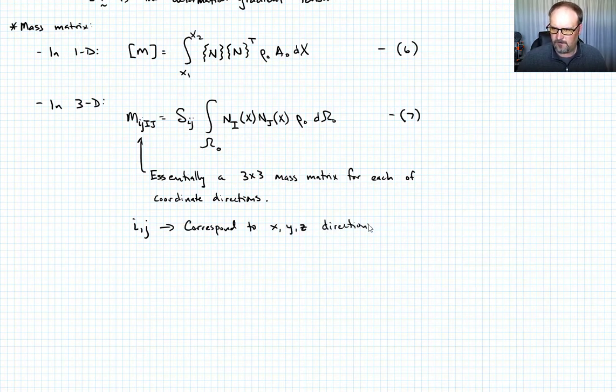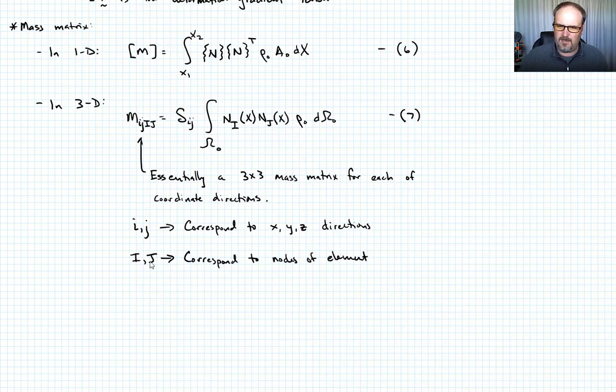And capital I, capital J, correspond to the nodes of the element. So I and J have a different number of components than little i, little j, which just go from 1 to 3. In an 8-node brick, capital I and capital J will go from 1 to 8.